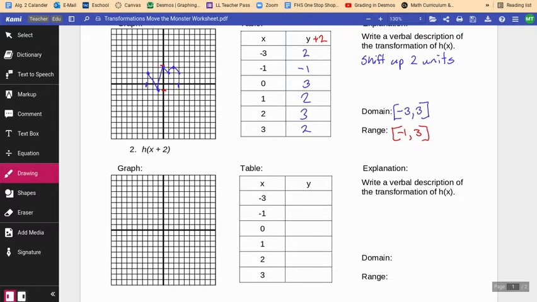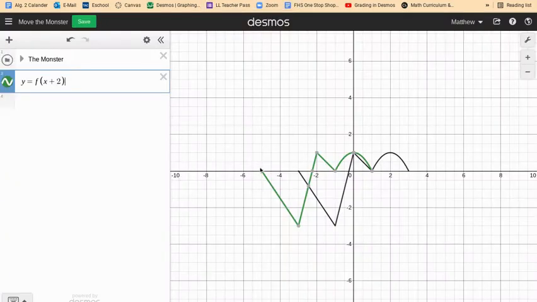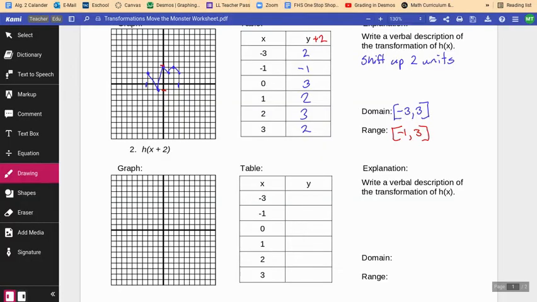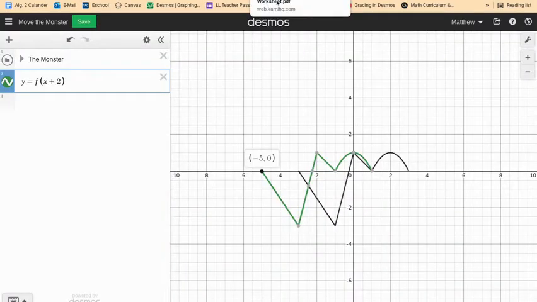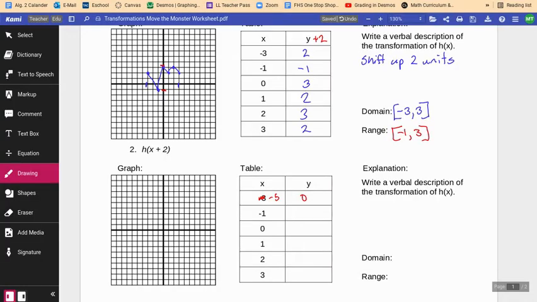So what are those points? The first point right here is at -5, 0. Okay, we're gonna have to mark those out. I think it was a typo. And then the next point is at negative 3, negative 3.